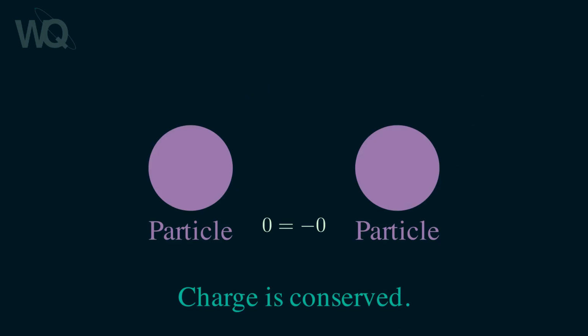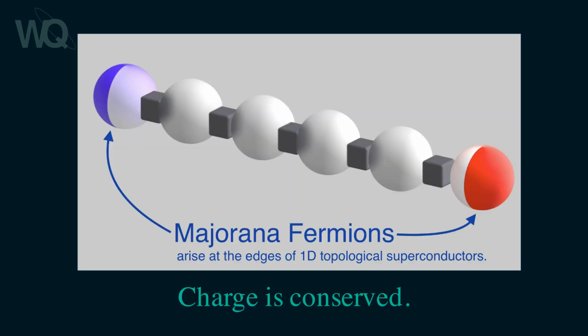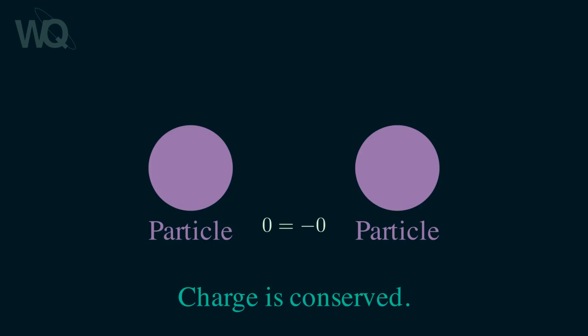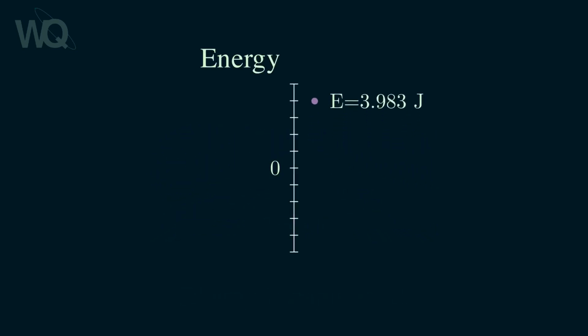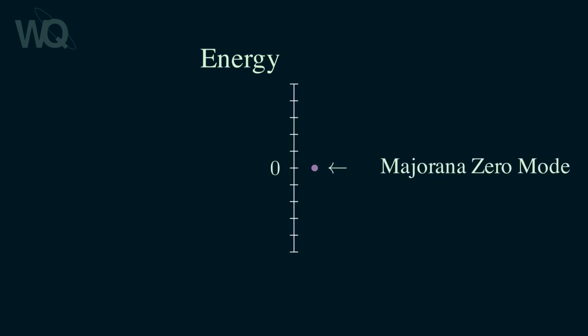Under some special conditions, these Majorana fermions can emerge in topoconductors. Moreover, they have zero energy. Now, such Majorana fermions with zero energy are called Majorana zero modes, or MZMs for short.